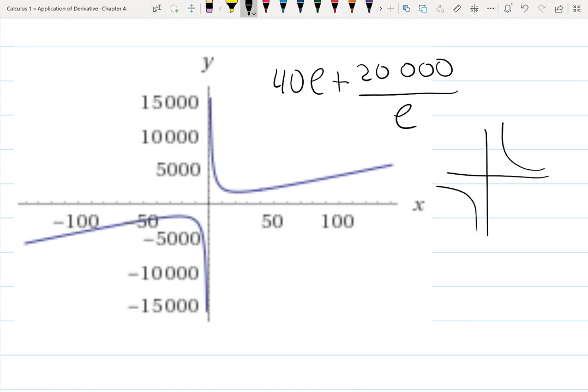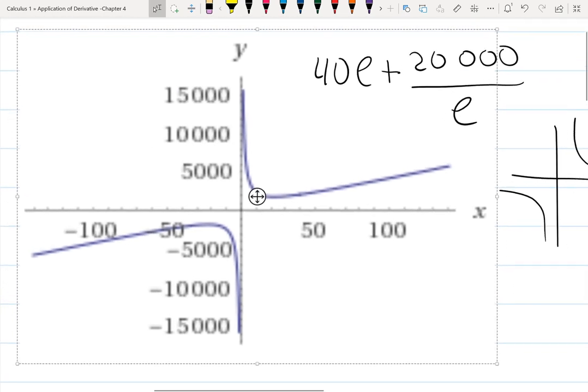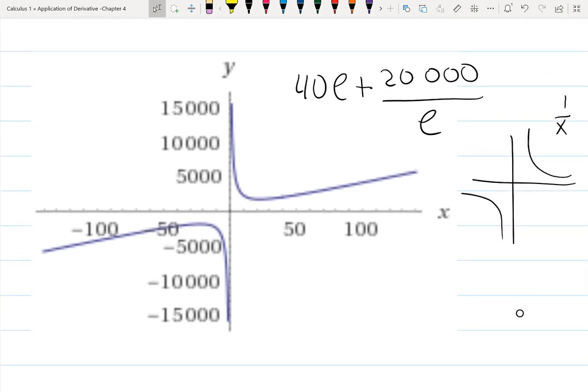Go check my video of the basic functions to make sure that you remember that. That's the 1 over x graph, remember? So it is something like that. And we ask you to find the minimum for this function. It doesn't have a minimum, as you can see, it keeps going down forever, over here and over here. But we worked on a domain.